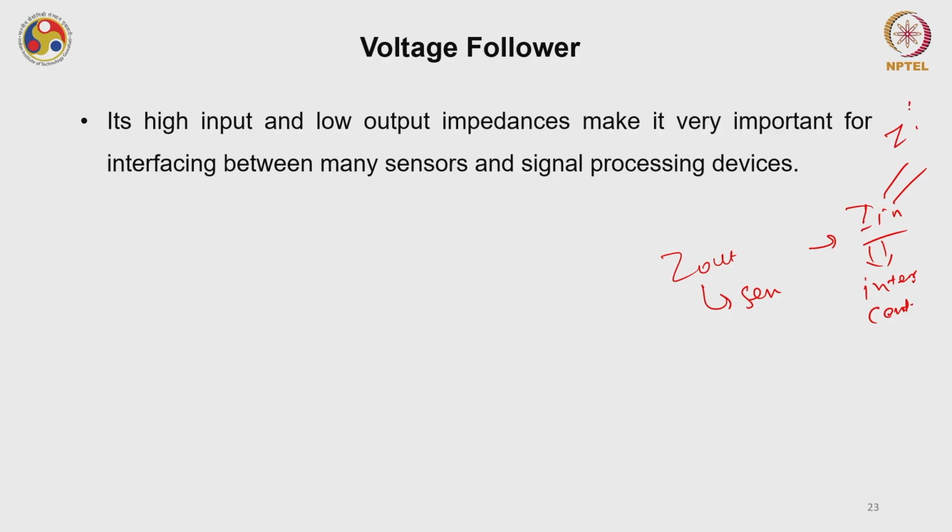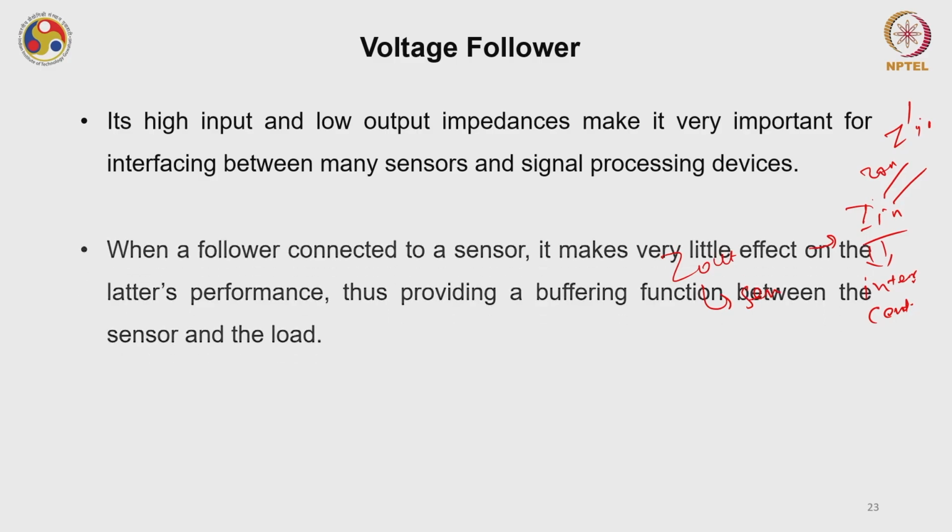So, I am calling it say Z bar input, or this Z out from this has to be matched with Z bar input of the load. That is why you have to do a lot of impedance matching. Therefore, I mentioned that its high input and low output impedance make it very important for interfacing between sensors and signal processing devices, including the microprocessor and DAC.